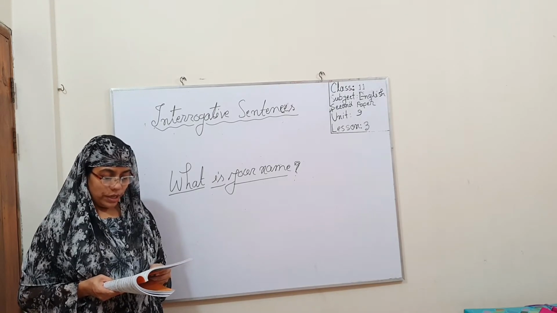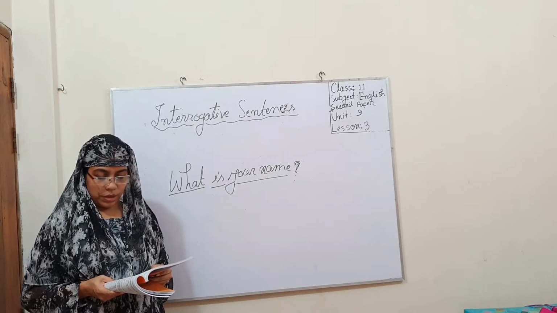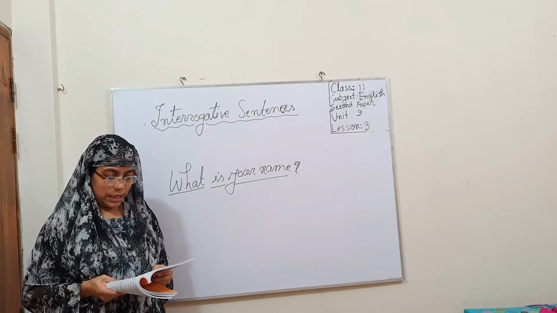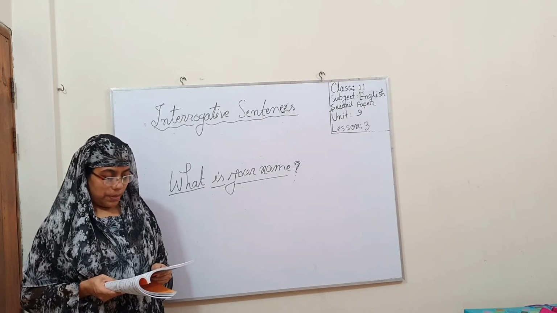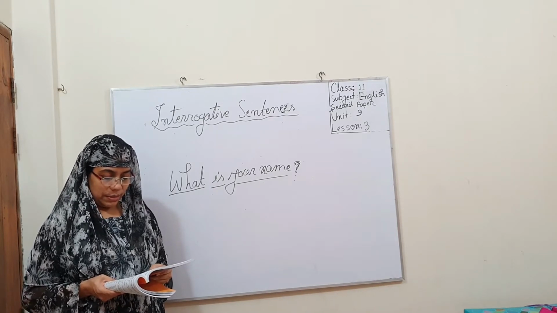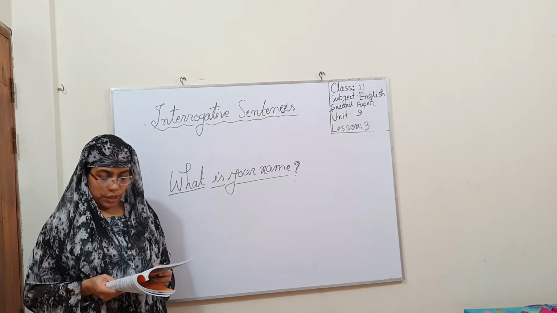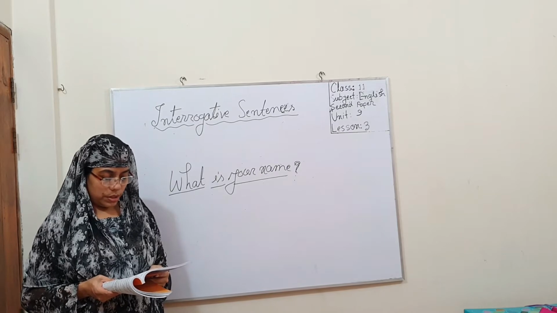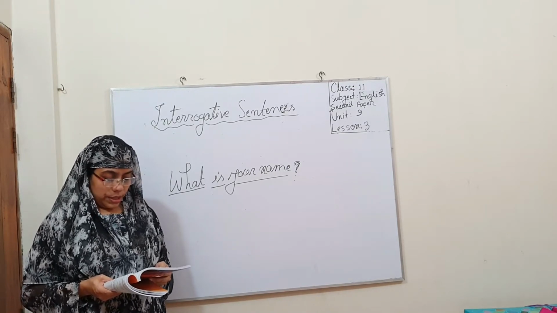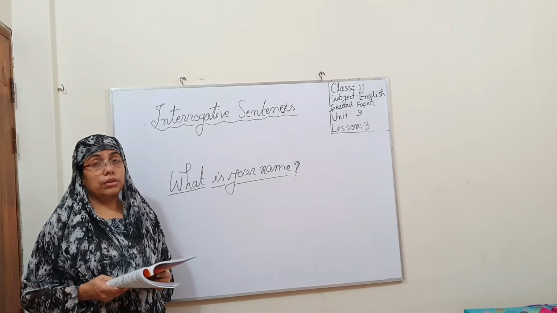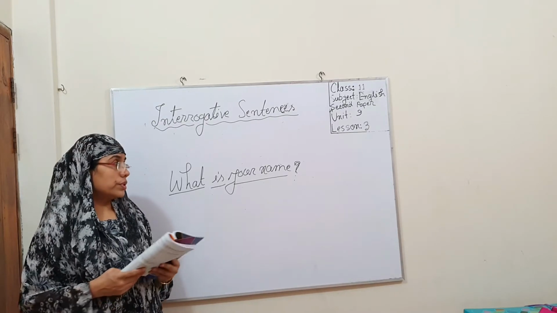Note, when we ask something to somebody, we use an interrogative sentence. We can ask two types of questions: WH questions and verbal questions. The structure of the two kinds of interrogative sentence are given below. Dear students, we are going to learn the structure of interrogative sentences.